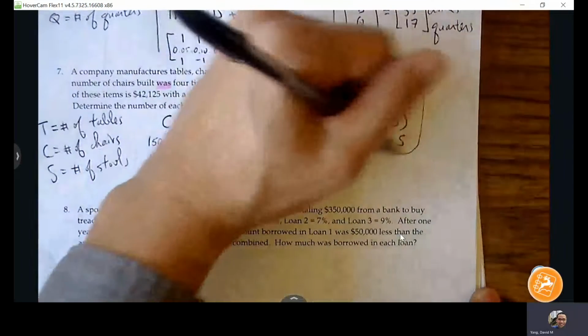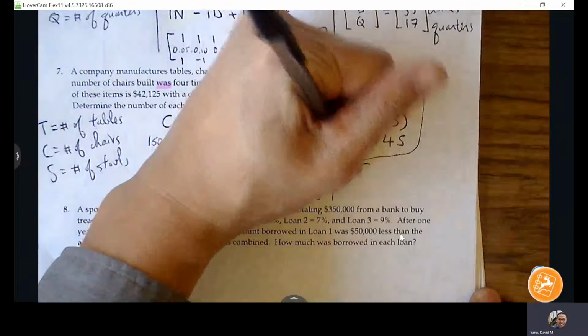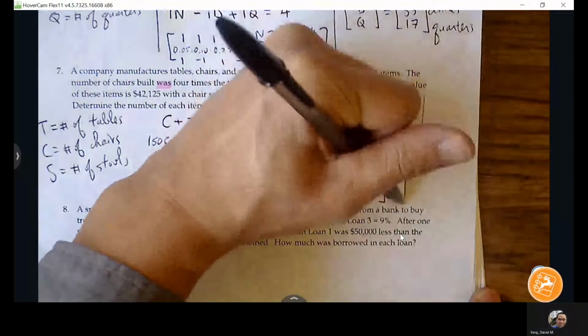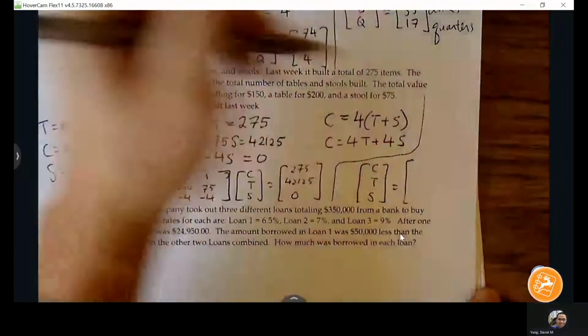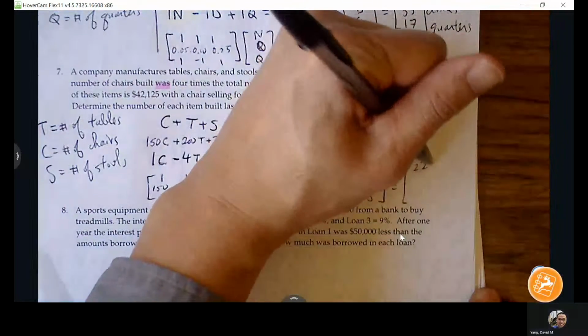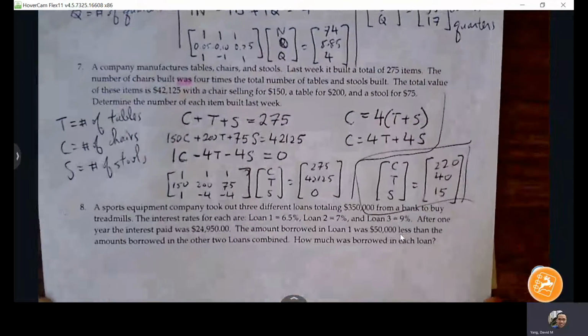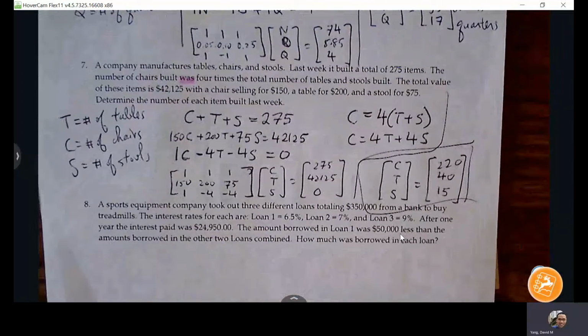Okay, use inverse matrices. 220 chairs, 40 tables, 15 stools.